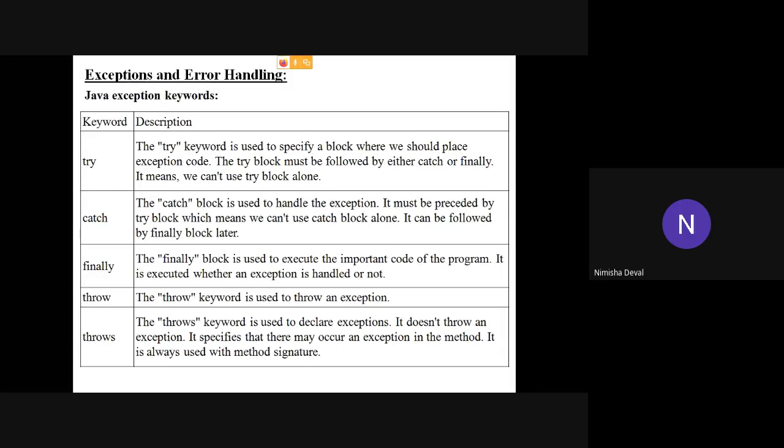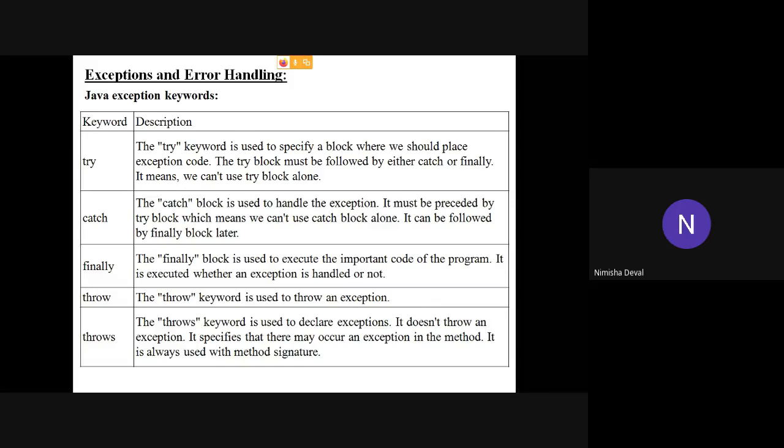Then the try block must be followed by either catch or finally. I will mention at the time of the program how we can write this. Only remember that after completion of statements in the try block, you should follow it by a catch or finally block. Either one will be there. You can write both, but at least catch or finally will be there.